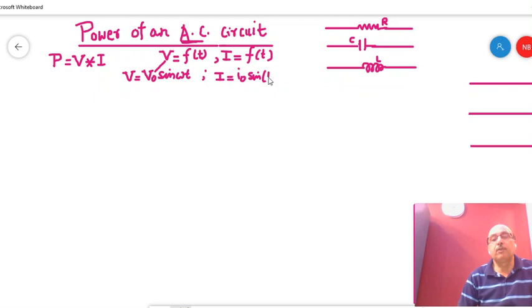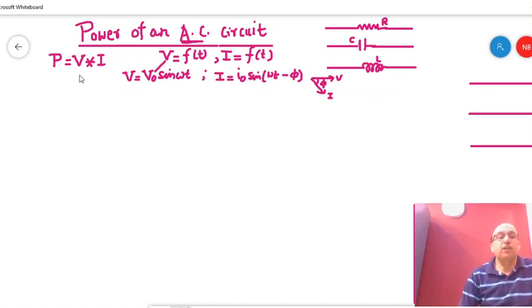It may have some phase difference due to the appliance conditions. Let it be phi. Here the voltage, and here the current having a phase difference of phi. It may be positive, it may be negative.